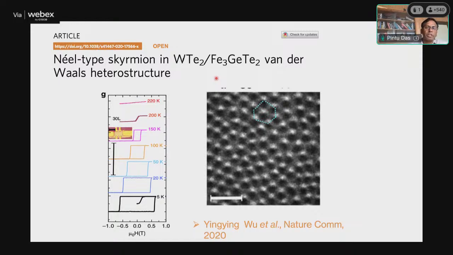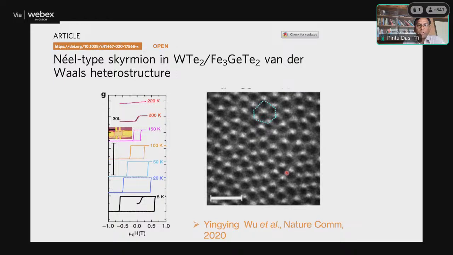If you remember, I showed you in a schematic slide that if you have a ferromagnet and a heavy metal with strong spin-orbit coupling, that leads to a Dzyaloshinskii-Moriya interaction, which cants the magnetic moments, the spins, and that leads to magnetic skyrmions in some systems. This is one such work in these van der Waals magnets. People have reported magnetic skyrmions.